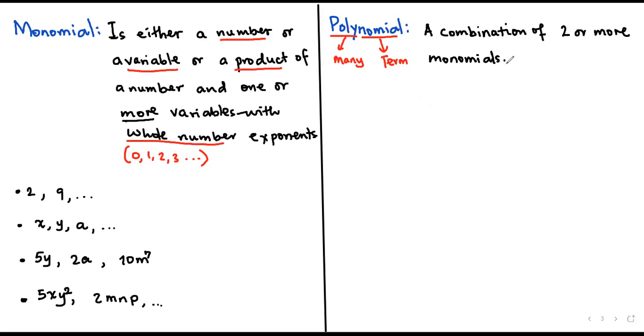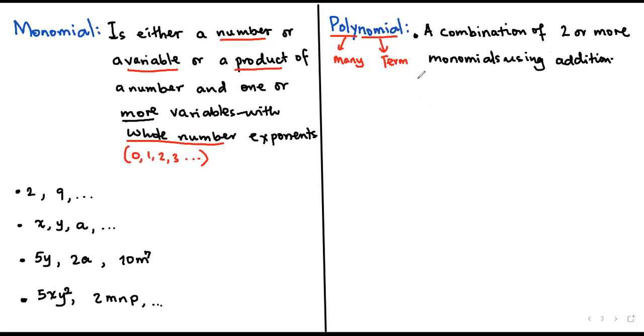And this combination comes up using addition. So a combination of 2 or more monomials using addition is what we call a polynomial.